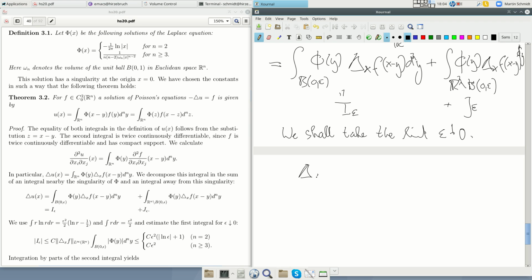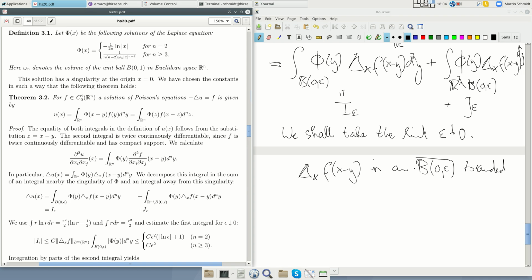So D_x f of x minus y is, on the epsilon ball B(0, epsilon), bounded. Also on the closure of this ball it's continuous and therefore it's bounded, because a continuous function on a compact set is bounded, and this set is compact.